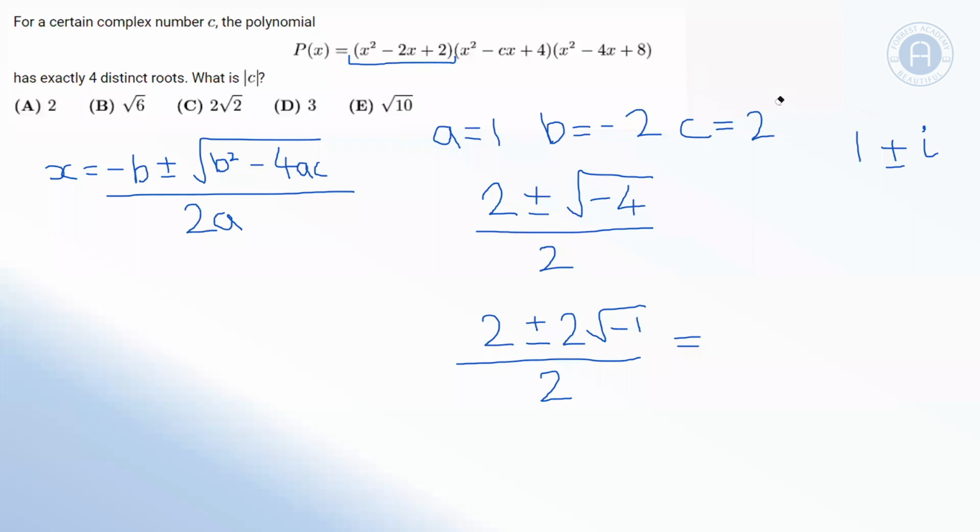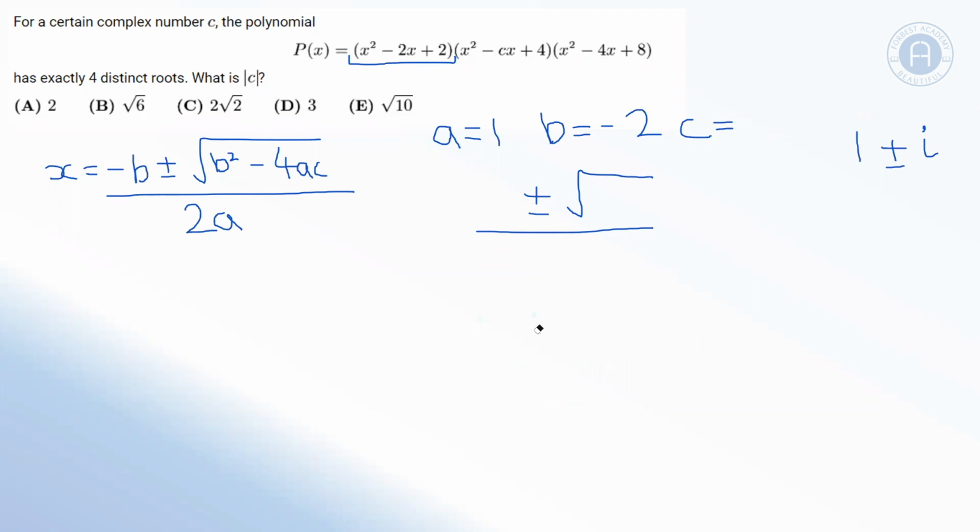We'll move on now to our second quadratic. We have x squared minus 4x plus 8. For this one, a is still equal to 1, b is equal to -4, and c is equal to 8. In our quadratic formula, we're going to get 4 plus or minus the square root of -16, all over 2.